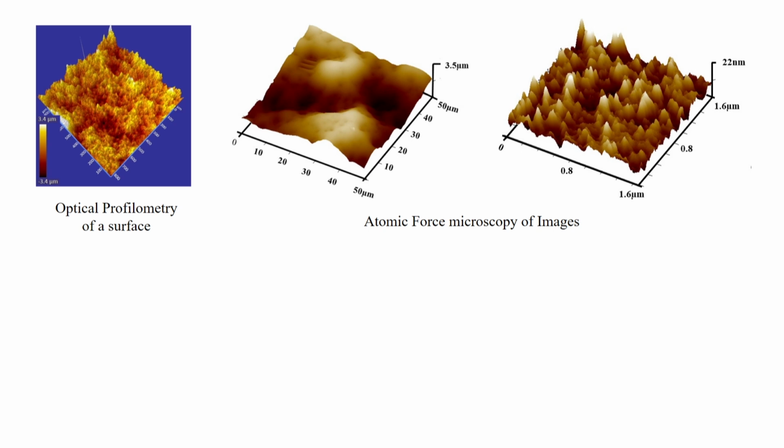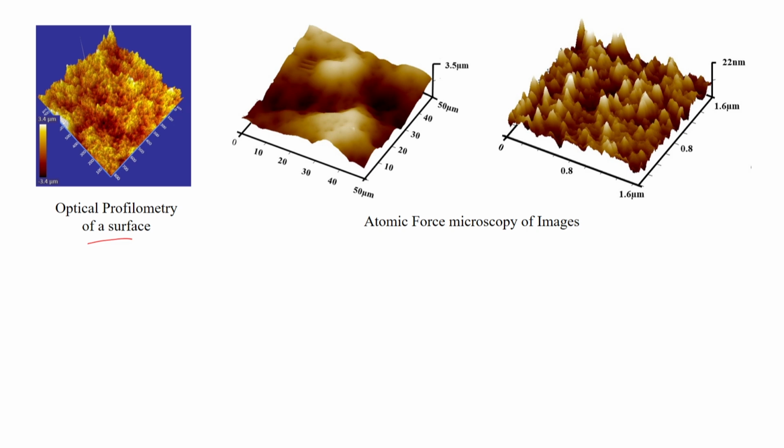I just wanted to show you one example. Here there is a surface which is examined by different methods. For example, this is the optical profilometry of a surface, and these are the atomic force microscope images. Optical profilometry has a spatial length scale from 0 to 800 micron, which is quite macroscopic, although the height variation is from minus 3.4 to plus 3.4 micron.